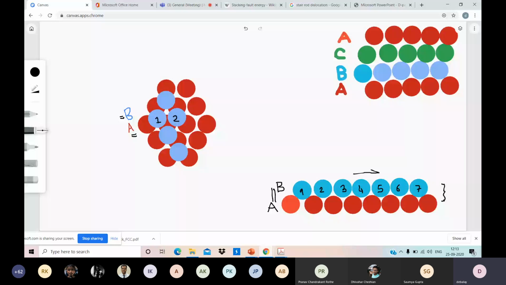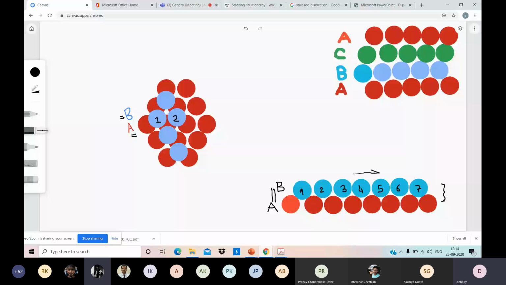There were two sets of grooves. But when you put atoms of the same size, you have to choose one set of grooves. You cannot put atoms in both the sets. Do you agree?